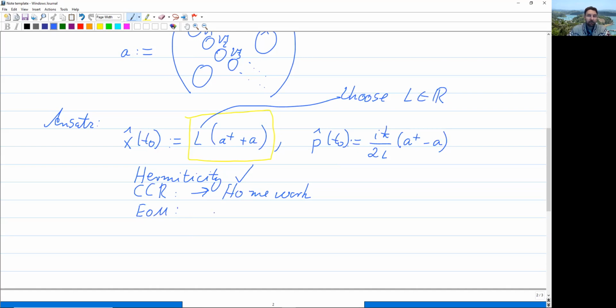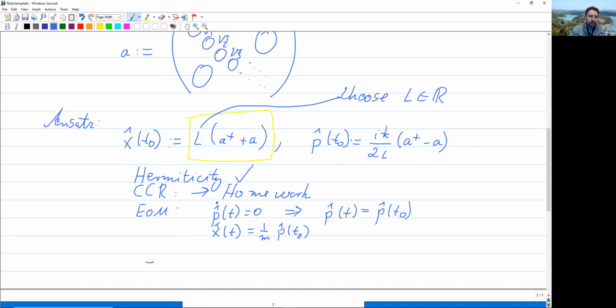Okay, now how about the equations of motion? Well, easy. Remember, one equation of motion was that the time derivative of the momentum is 0. So therefore, we already know that p hat of t is equal to p hat of t naught. Easy. And then we also had that x hat dot of t is equal to 1 over m p hat of t, but we can already write t naught because we know that it's not time dependent.